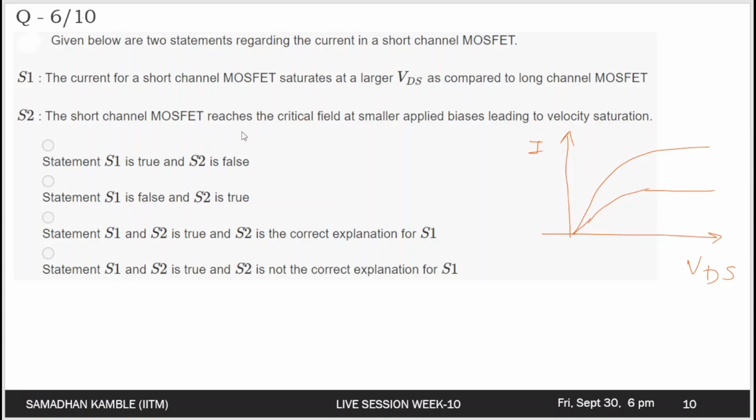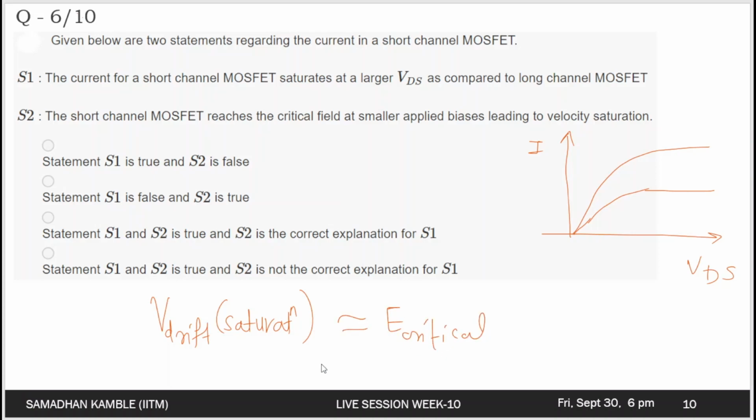The second statement is that the short channel MOSFET reaches the critical field at smaller applied biases, leading to velocity saturation. And this indeed is correct, as we saw that the drift velocity saturates at a particular field called the critical field, E critical.